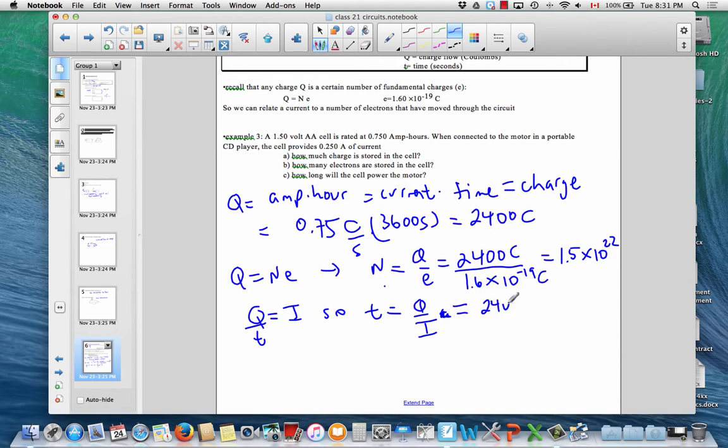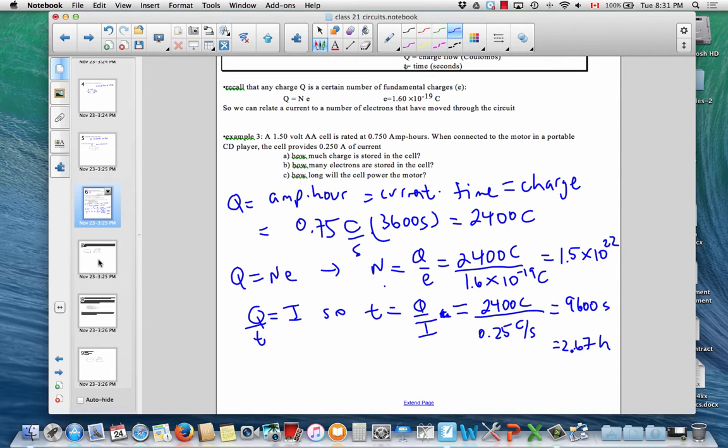We've got 2,400 coulombs stored in our cell, and we're drawing 0.25 amps, or 0.25 coulombs every second. So that will last 9,600 seconds, which is 2 2/3 hours, which sounds about right for a dry cell powering a portable music device.